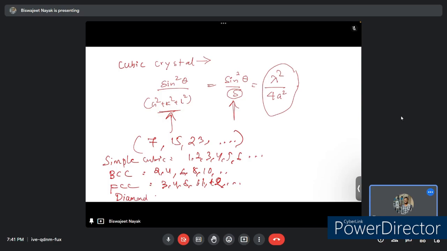So the numbers which can be discarded from this squared sum are obvious, because numbers like 7, 15, 23 cannot be obtained using this pattern.